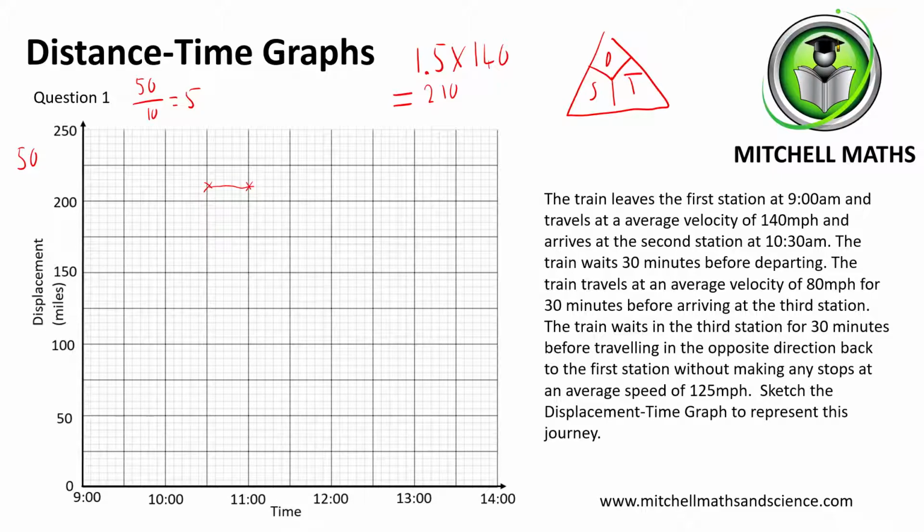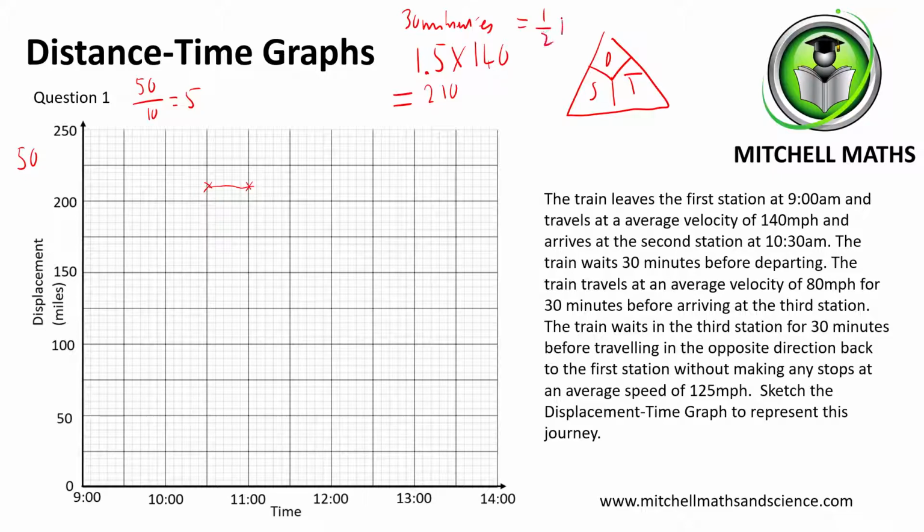And then it tells us that the train travels at an average velocity of 80 for 30 minutes before arriving at the third station. Now I'm going to do speed times time again, but this is in minutes, so I'm going to need to convert minutes into hours, and you do that by dividing by 60. So 30 minutes is equal, and you probably should know this anyway, to half an hour.